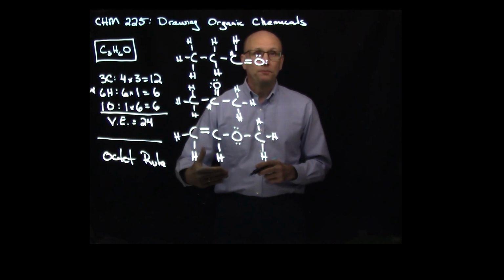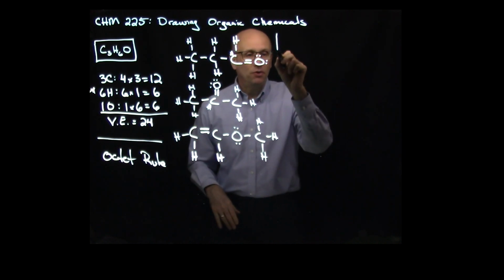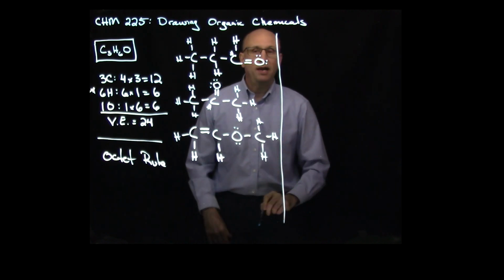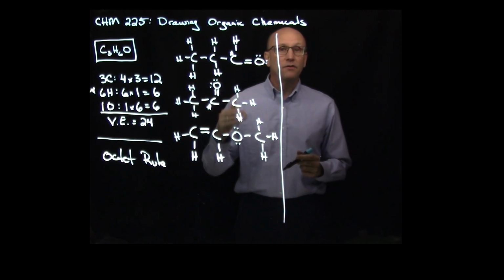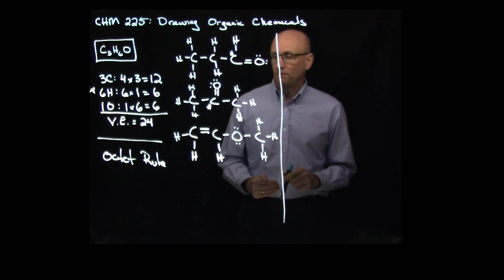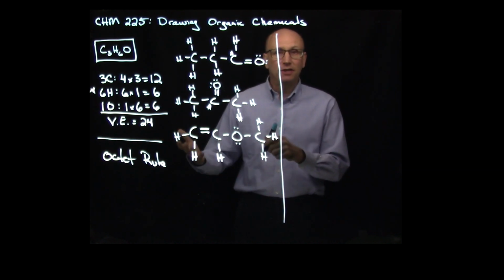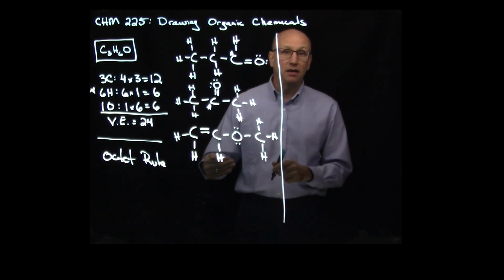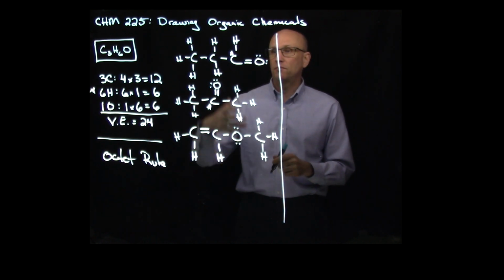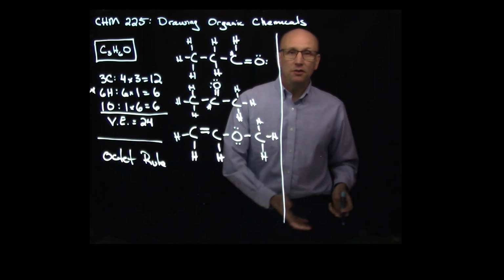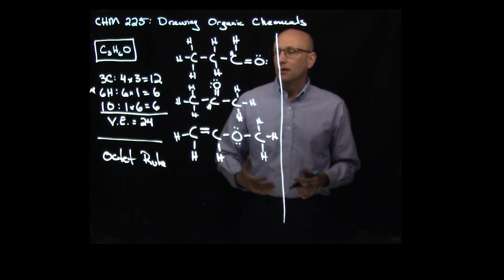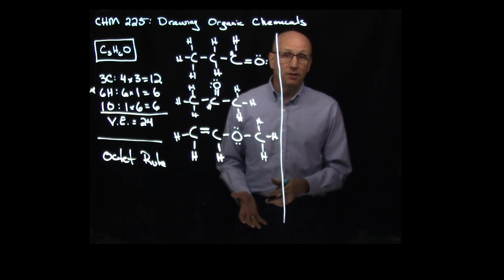Probably the most important skill, again, in organic chemistry, though, is taking these Lewis structures and converting them to bond line drawings. As you've probably gathered and noticed, it took quite a bit of time to draw out these structures, put all the hydrogens, put all the lone pairs in. As we get into the class, we're not going to want to spend that much time on these structures.